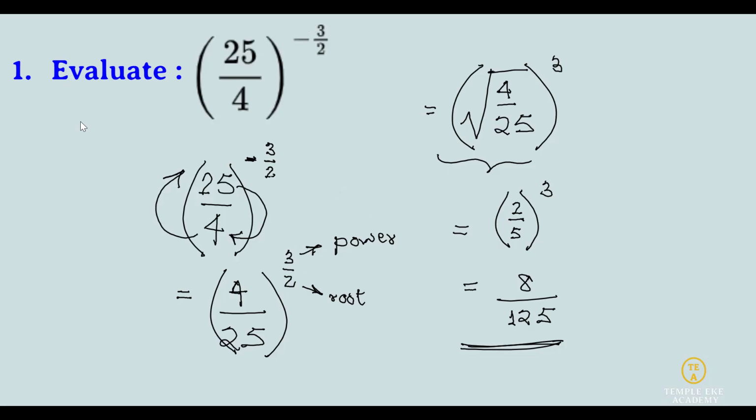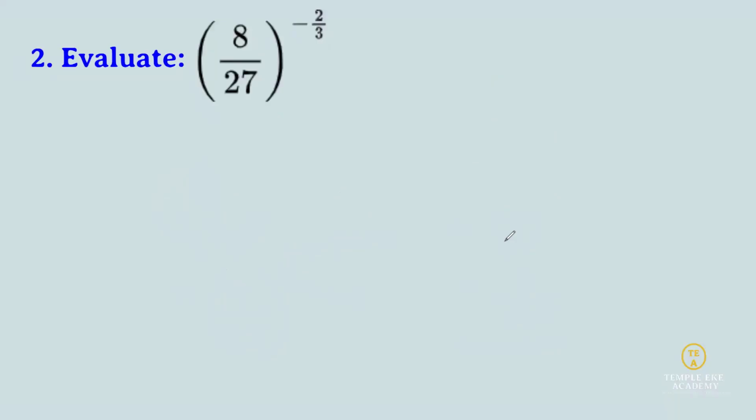All right, here we are. The same pattern. You can pause the video and try this out. Okay, so we can write this as 8 over 27 raised to the power negative 2 over 3. Now we have a minus that we can't erase, except we make use of it.